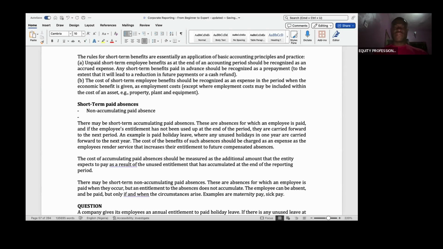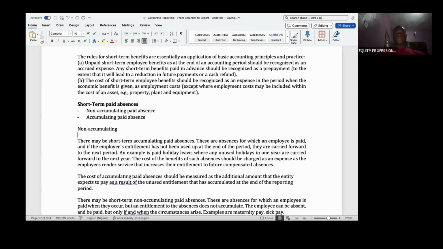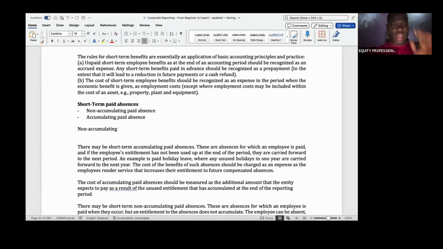While the one that if you don't take it this year, you can carry it forward, those ones are accumulating paid absence. So accounting for them is quite different. You see, the one for the non-accumulating paid absence.